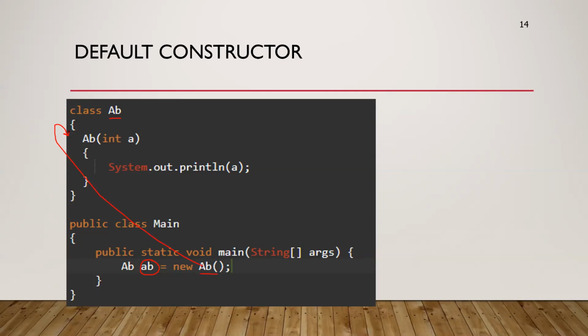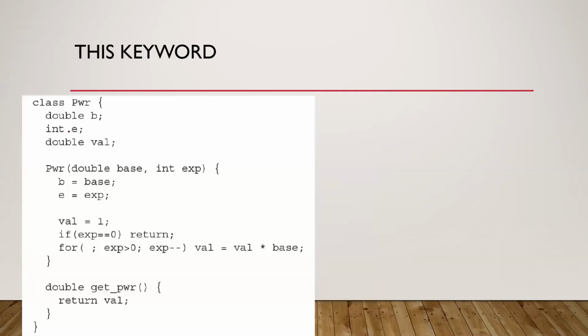Okay. So now let's look at one use of the this keyword. Typically, let's say I am creating a class which will compute the power of an integer. So if I give it a value like 2 to the power 5, it will return 32.